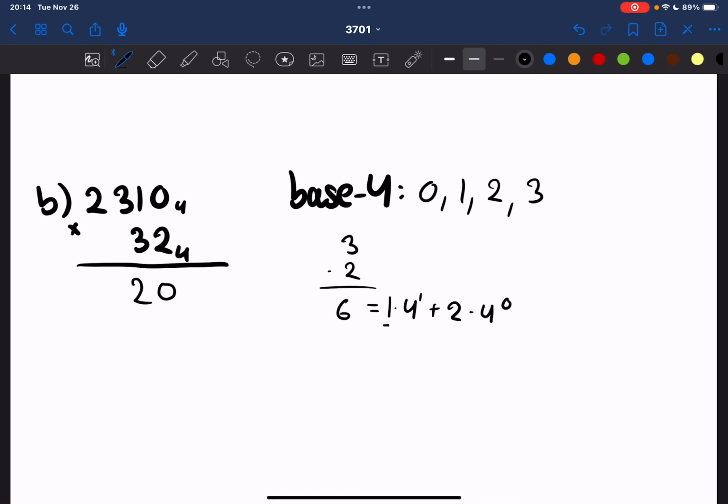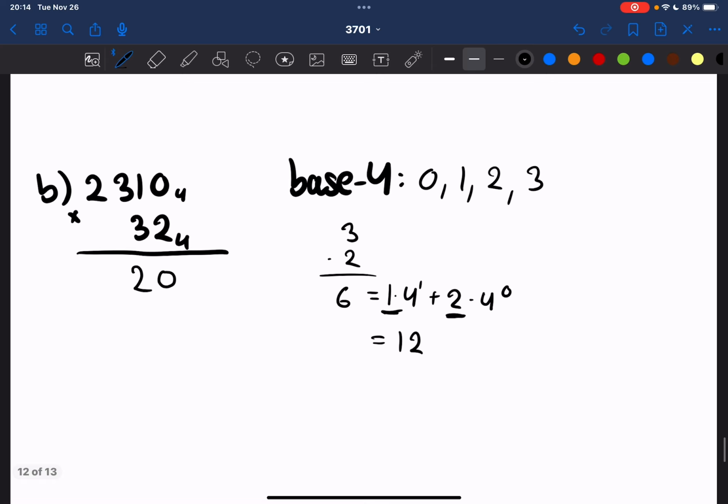So we take these two digits, 1 and 2, and we say, okay, that's our number. That's 6 in base 4. So we could just say 3 times 2 is equal to 12. Take that first digit, carry the second. And that's how we're going to do this conversion.